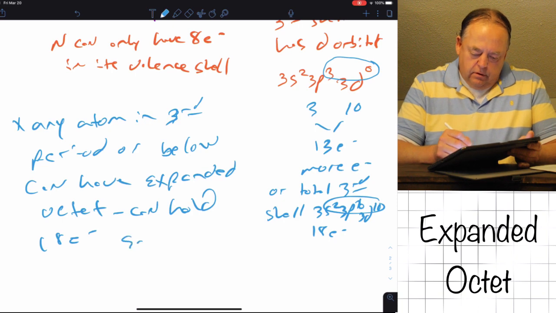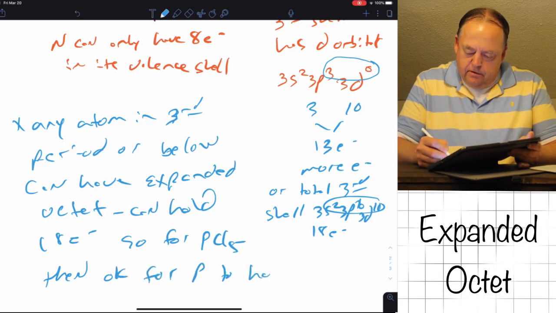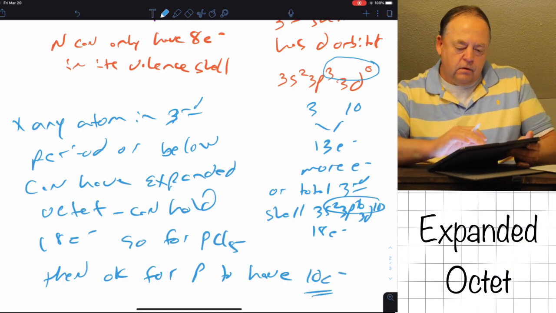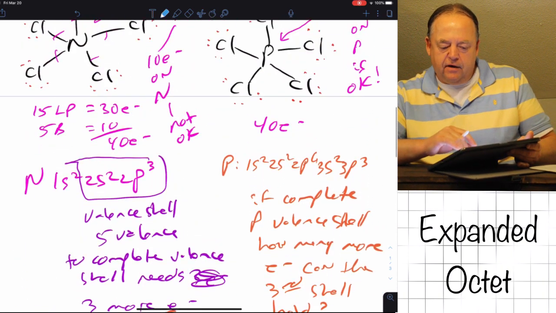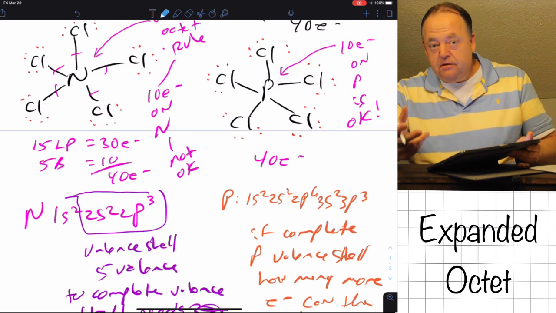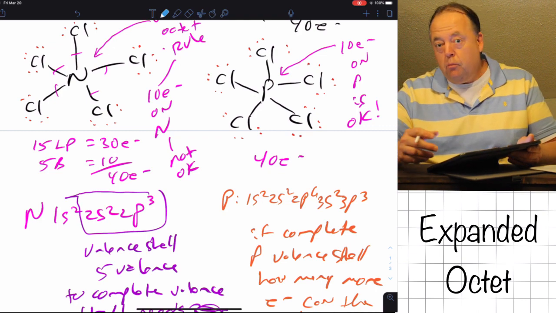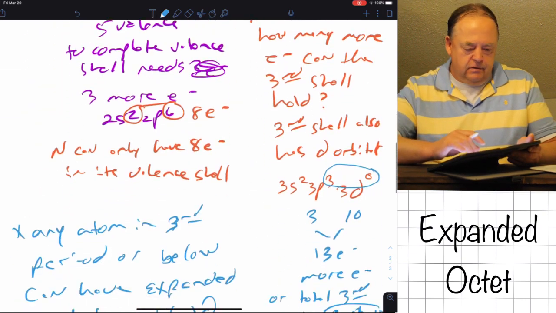So for PCl5, it's okay for phosphorus to have 10 electrons. That is the reason why PCl5 can exist and NCl5 cannot exist, because phosphorus has empty d orbitals, it can accommodate more electrons, and it's okay to put more than 8 electrons around it.